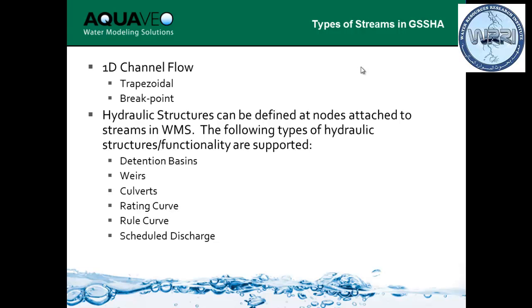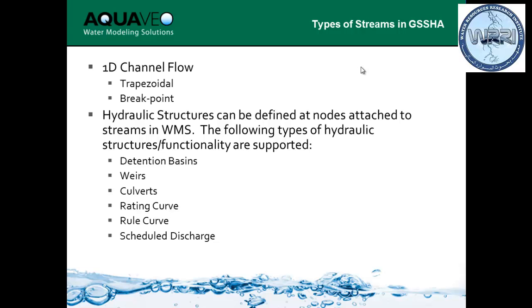There are a couple of types of streams that you can use in GSSHA. One type is trapezoidal, just trapezoidal stream cross sections. The other type is breakpoint, where they're user-defined cross sections. Just like you can have cross sections in HEC-RAS, you can also have cross sections in GSSHA.